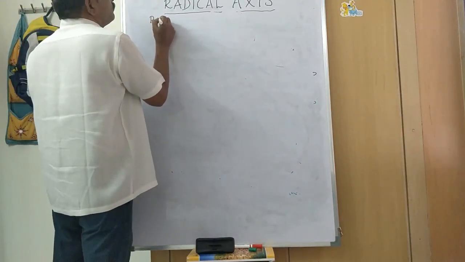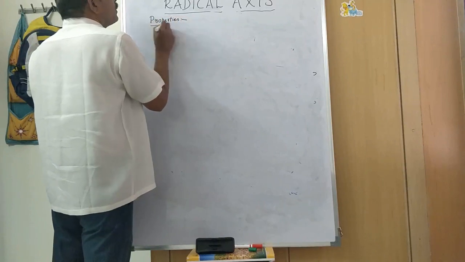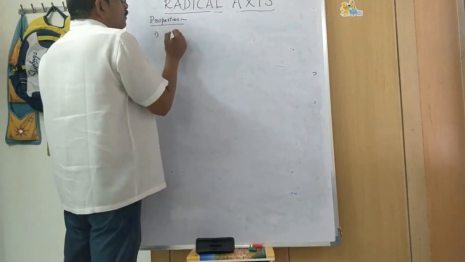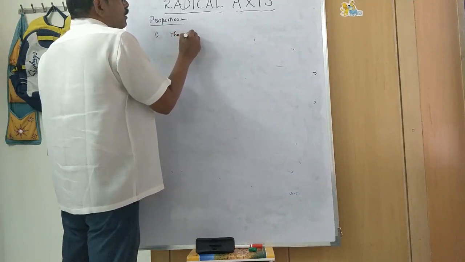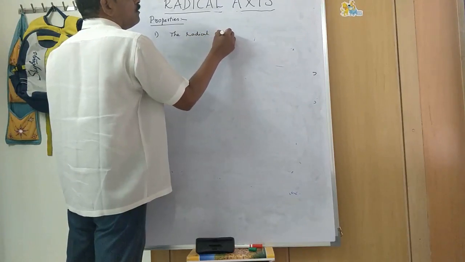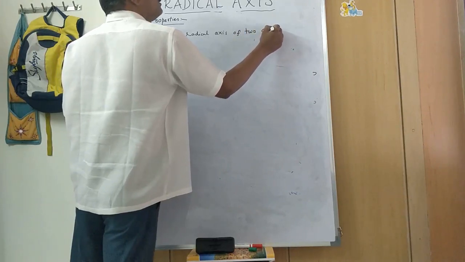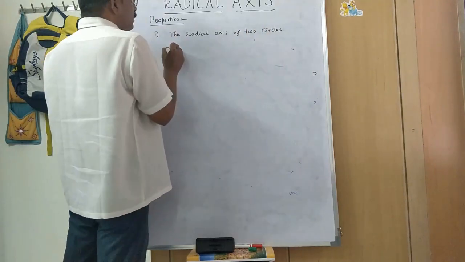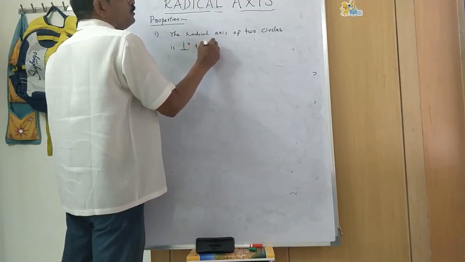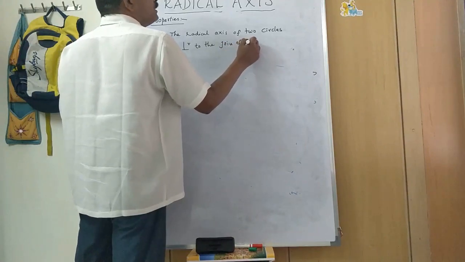Properties. Number 1. The radical axis of two circles is perpendicular to the line joining its centers.